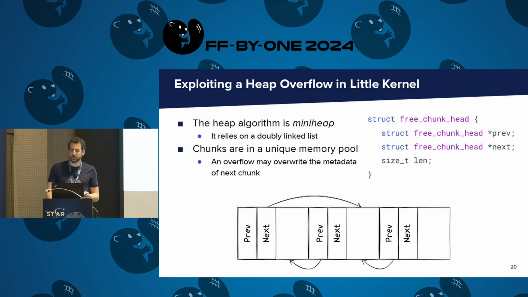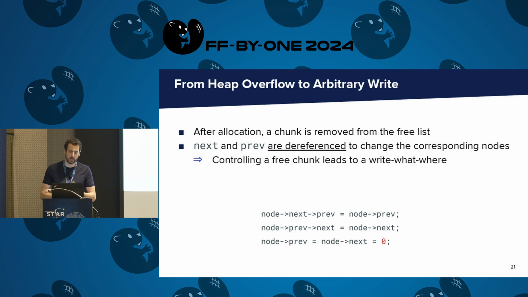And we found a way to turn this into an arbitrary write. This is because of how the allocation routine works. When the system allocates a chunk, a memory buffer, it will remove a chunk from the free list. To do so, it will dereference the next and prev pointers of the chunk being allocated in order to access the previous and next chunks in the list, and in turn modify the next and prev pointers of these two chunks so that they point to each other and not to the current chunk.